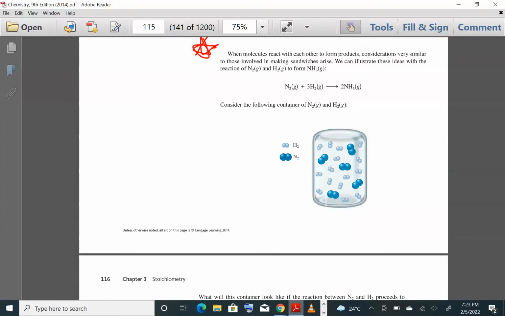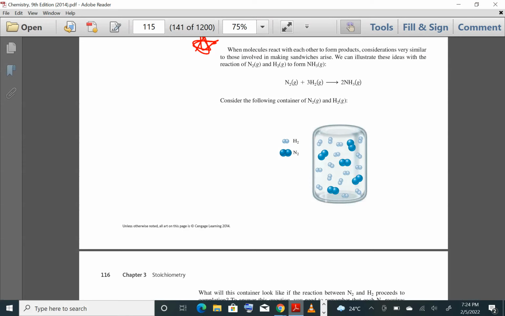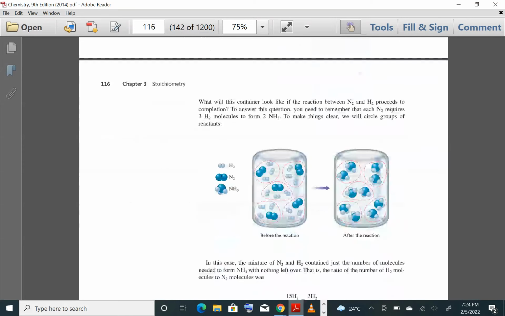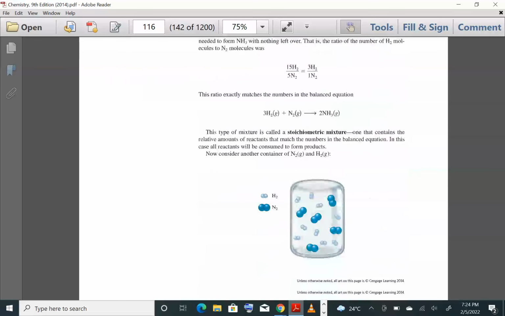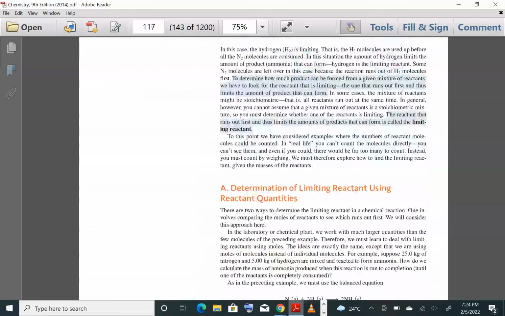When a reaction is being done, things are going to be reacting, and some of the reactants may be used up quicker than the others, so you need to know that so you can figure out what amount of product is going to be formed.